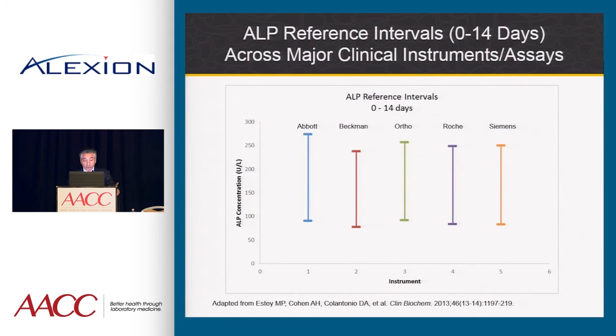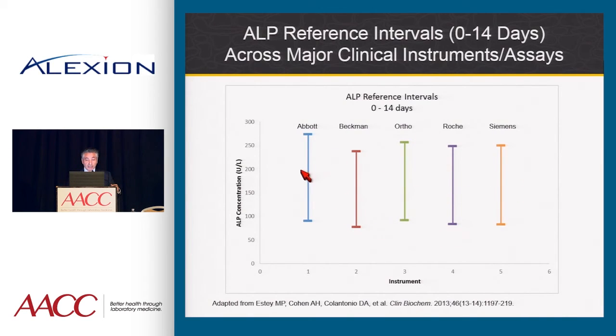I wanted to also show you, we actually compared all 5 major instruments, and how different instruments compare. The original data that I showed you was on the Abbott Architect alkaline phosphatase assay, but we have now compared Abbott to all these other systems, because each hospital may use a different system.